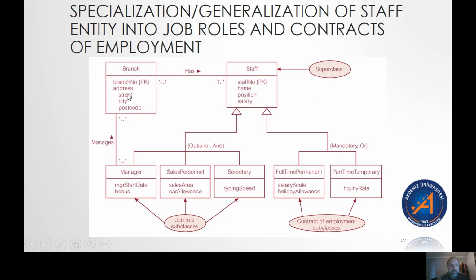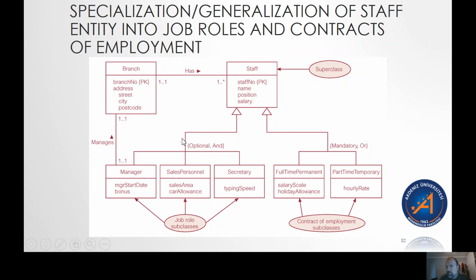Isn't that nice? Remember before we had this whole double relationship between staff and branch, where we said a branch has staff, a staff manages branch, and it was a little bit confusing, and we'd have to put all these extra checks in place to make sure that a branch only had one and a staff could only have one.